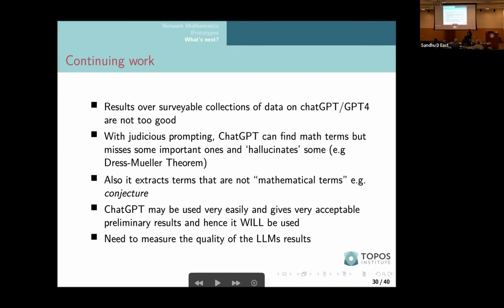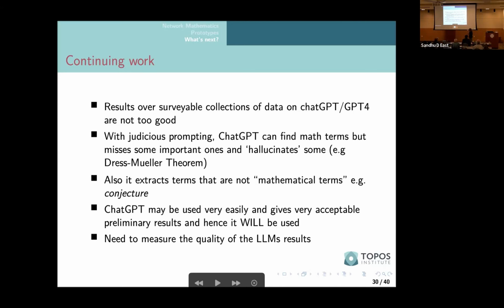So you have to be a mathematician to know that this is a hallucination. And of course, it extracts things that are very common, but not mathematical concepts, things like next, future work, newer conjecture, or things like that.